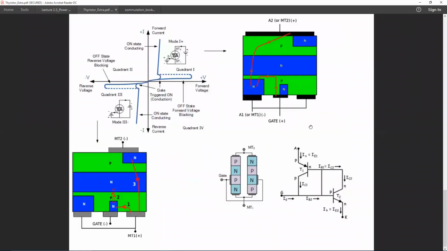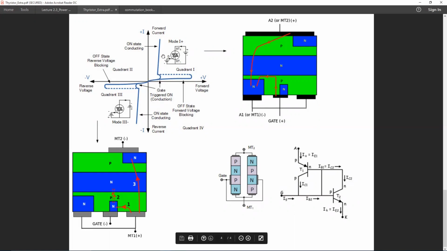So if we get back to this diagram, this looks basically like a PNPN structure and another PNPN structure connected in an anti-parallel way. So if we analyze the characteristic curve of a triac, it is basically the characteristic curve of two anti-parallel SCRs.